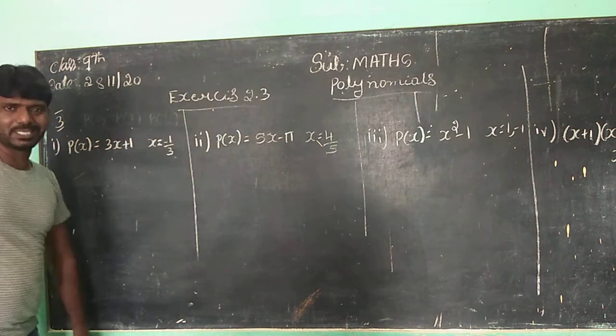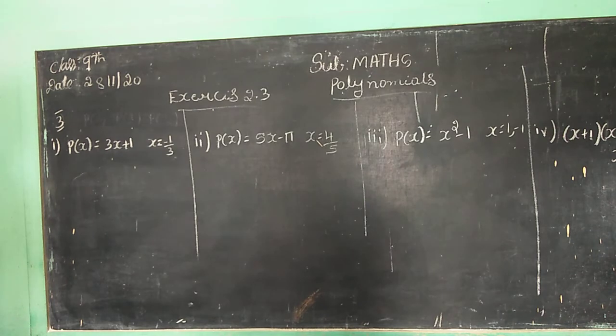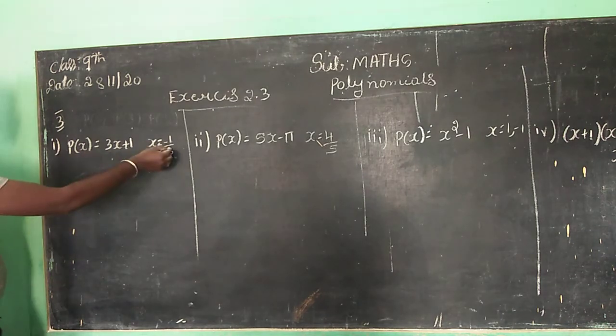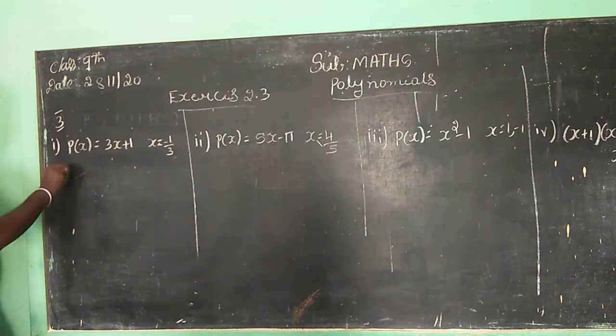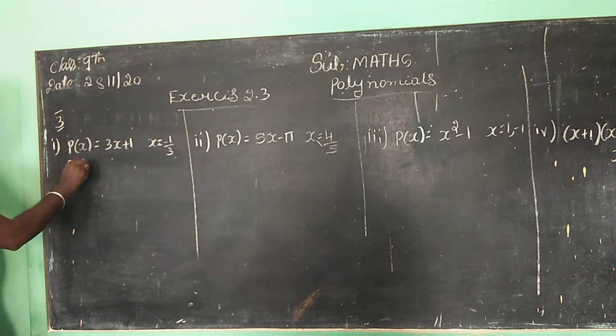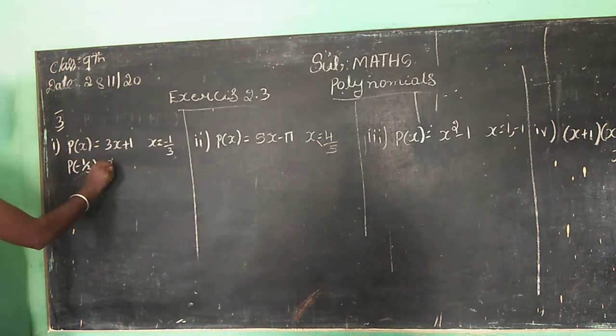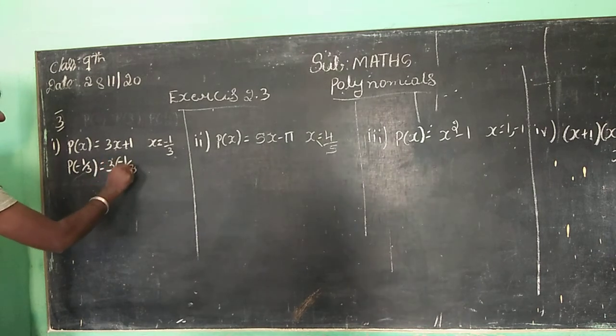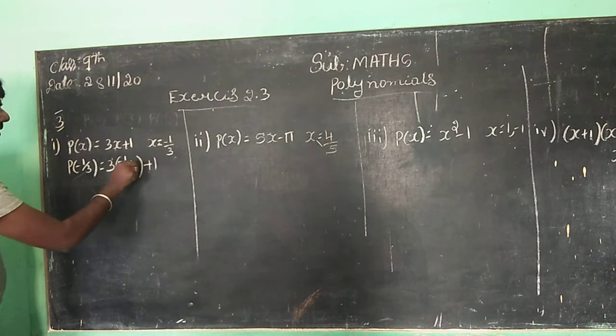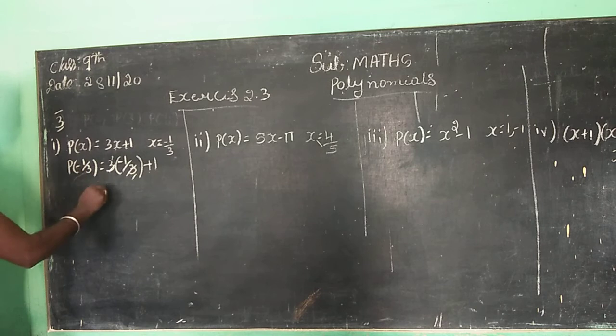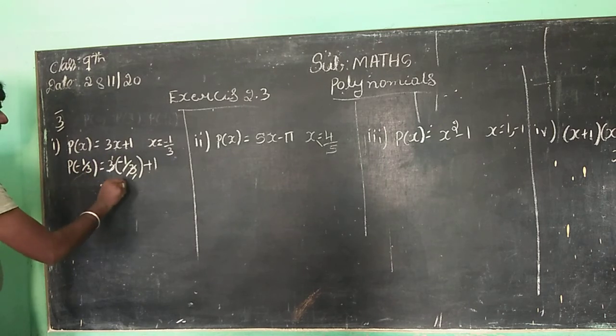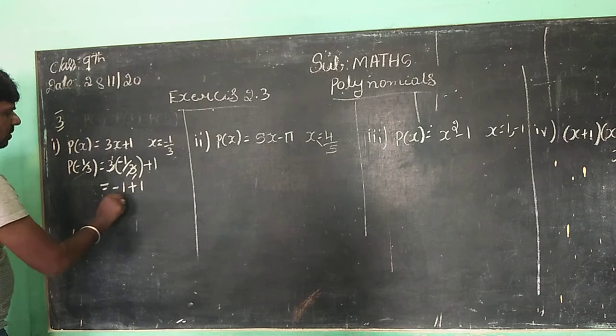We want to verify whether it is a zero of the polynomial or not. In place of x we substitute minus 1 by 3. P of minus 1 by 3 is equal to 3 of minus 1 by 3 plus 1. See children, the threes cancel. So 1 into 1 is minus 1, and minus plus 1 is equal to 0, children.